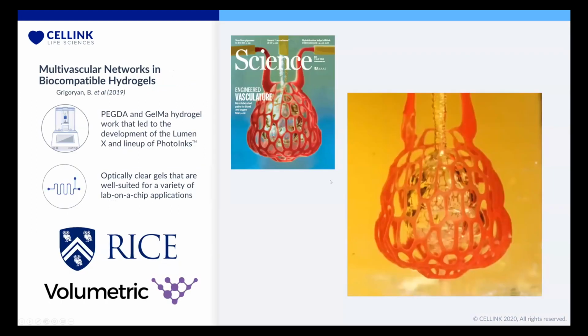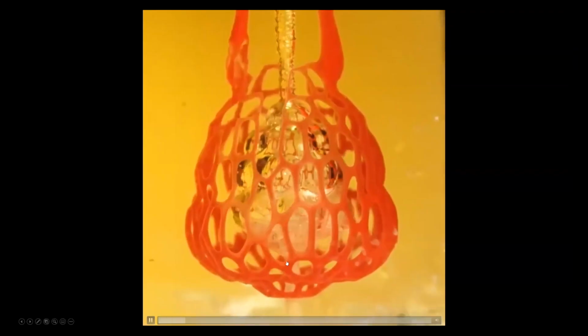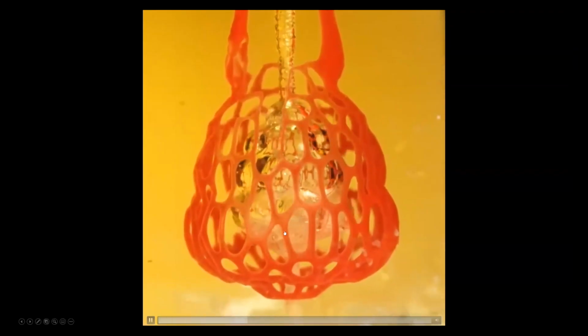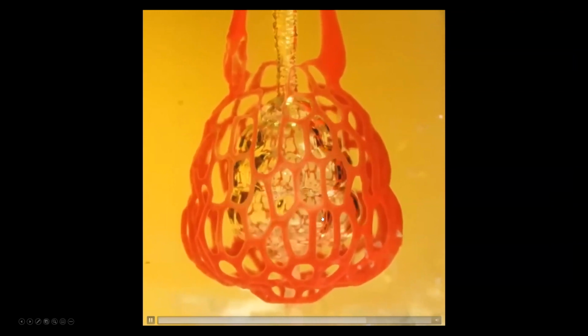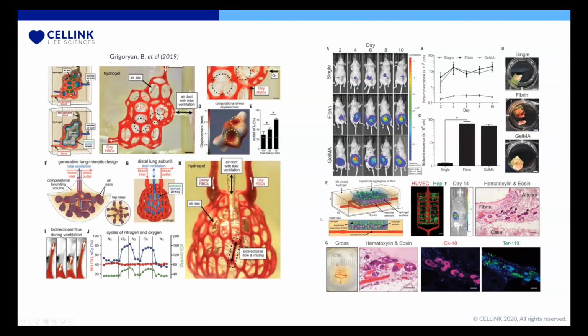Now, it would be remiss of me to go through this entire presentation without highlighting the incredible work from Miller Lab, especially the alveolar construct that demonstrated in vitro oxygenation. Besides this work leading to the development of the Luminex and the line of photoinks, it also opens the door to intricate hydrogel microfluidic devices where, unlike with PDMS devices, the bulk material can actually act like a physiologically relevant participant of the study, just like you can see on the right-hand side with the hepatic animal study where they built a GelMA construct and embedded it.